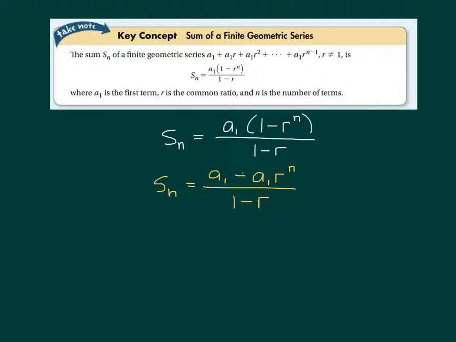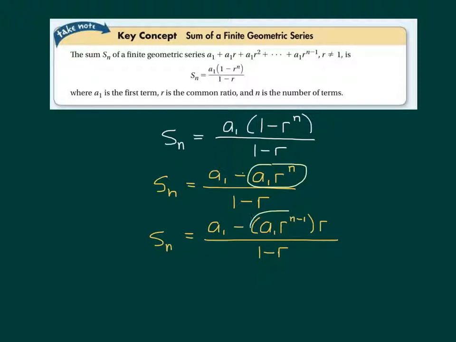Now what happens here is that we know, well, let's look at this algebraically. Using the properties of exponents, a1 times r to the n could be written as a1 r to the n minus 1 times r over 1 minus r.